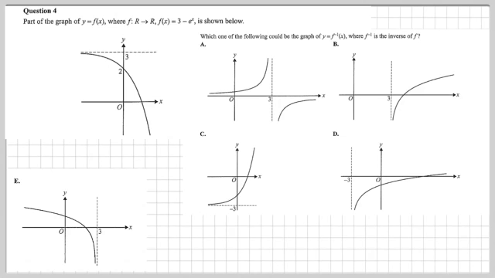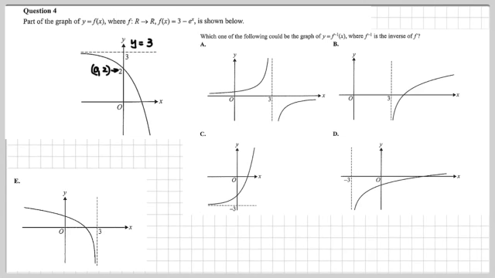Alright, these can be very confusing when you're trying to get the spatial geometry of the whole thing of the inverse sorted out. So what I would advocate in the first instance is just grab a few reference points and swap x and y. In this case, the y-intercept is 0 and 2, and we've got an asymptote there of y equals 3.